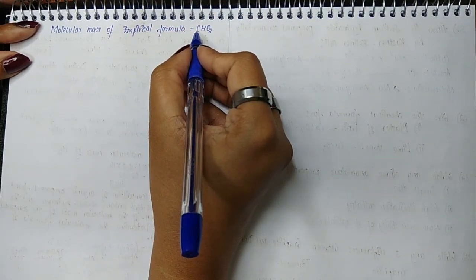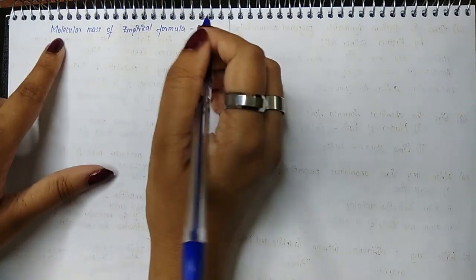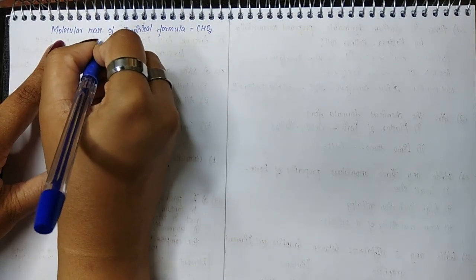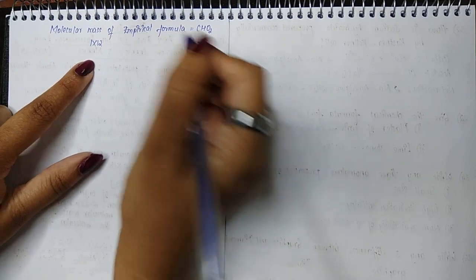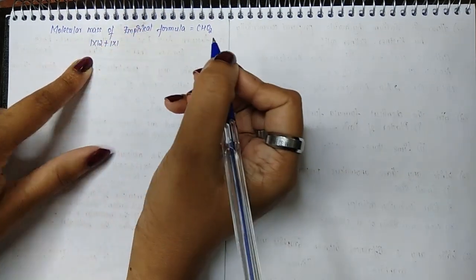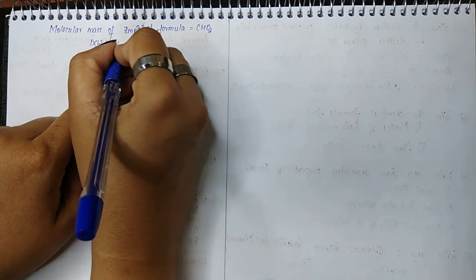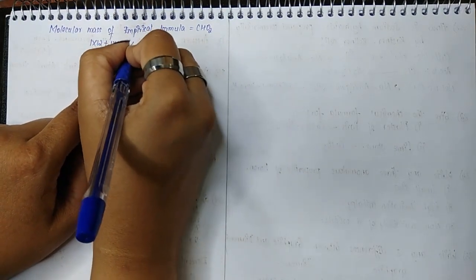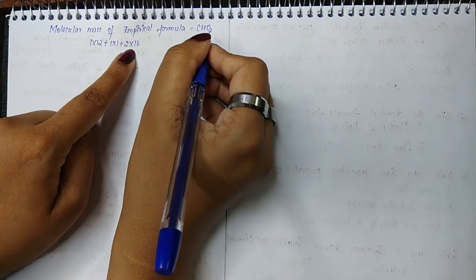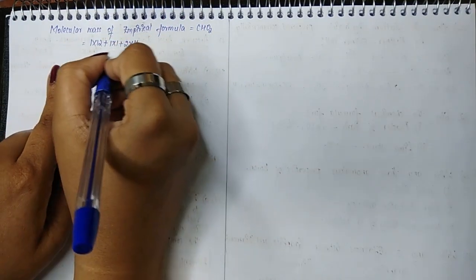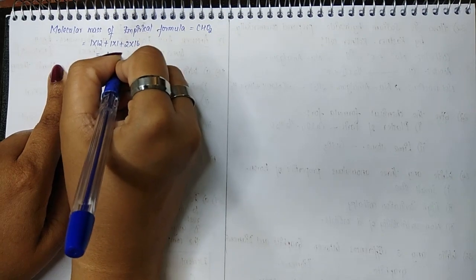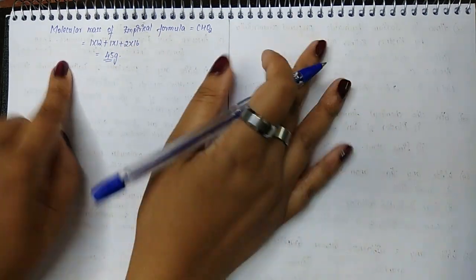So here 1 atom of carbon, so we write 1 into 12, which is the atomic mass of carbon, plus 1 atom of hydrogen, so 1 into 1, which is the atomic mass of hydrogen, plus 2 atoms of oxygen into 16, which is the atomic mass of oxygen. Now when we calculate this, you will get the molecular mass is equal to 45 grams.